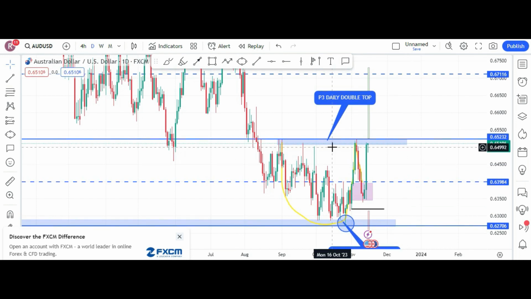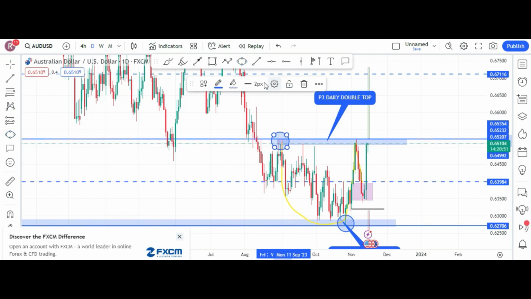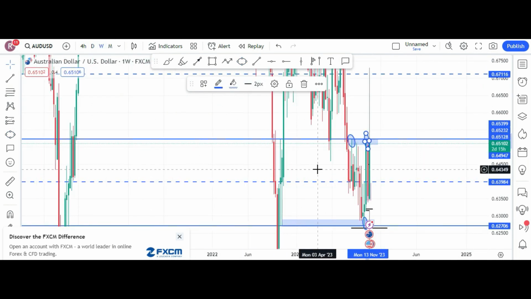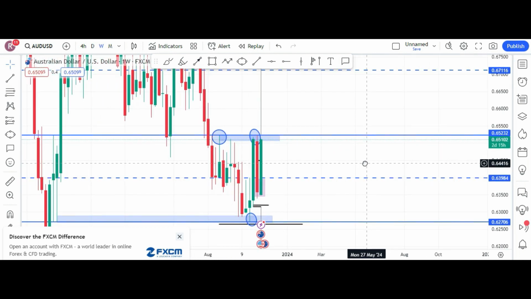If we visualize this double top again, this is the reason the double top has been formed, and we would like to see if it is available in week, and we can see that it is not available in week.